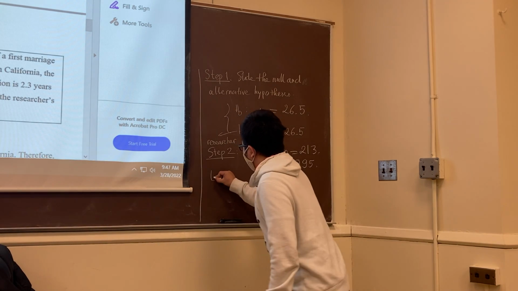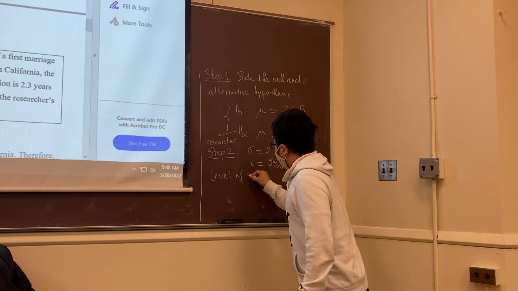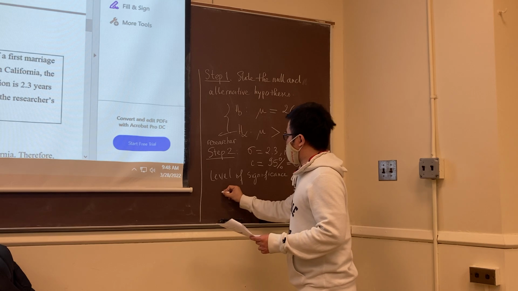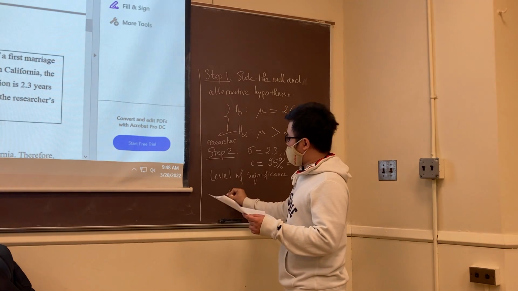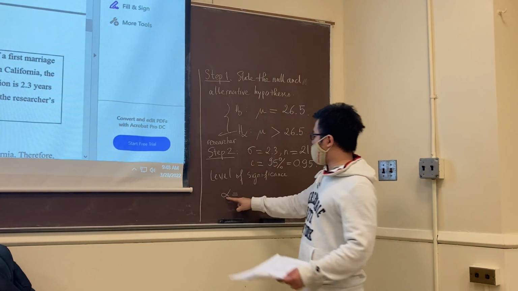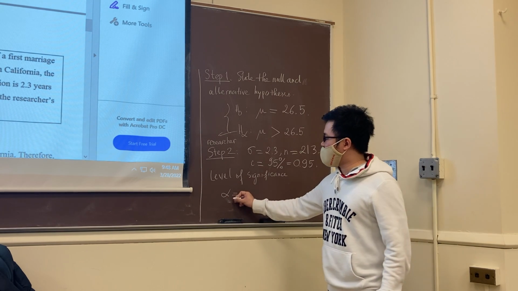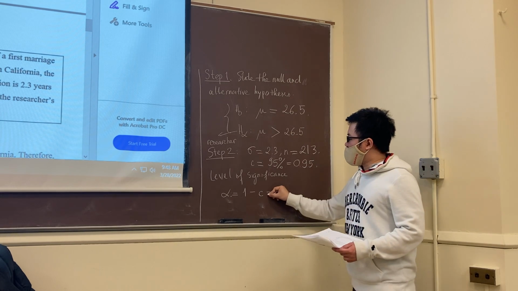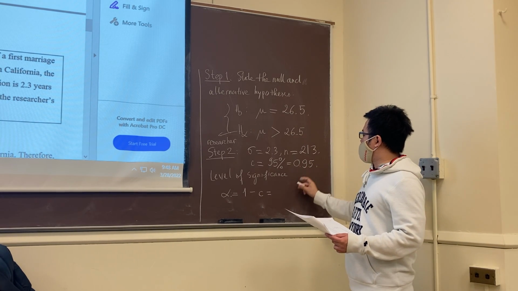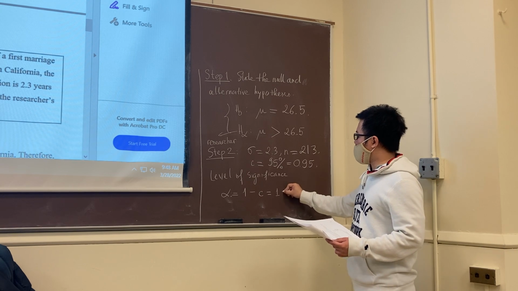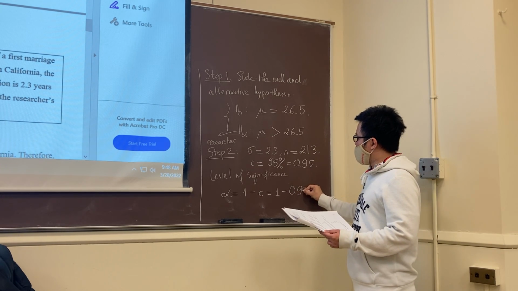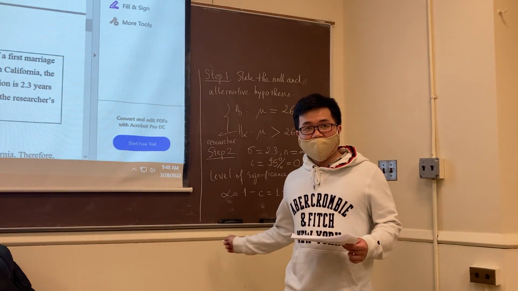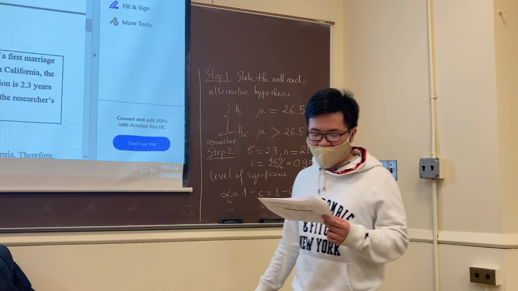The level of significance is calculated by this formula. The alpha, okay, the level of significance is denoted by alpha, and it's calculated by 1 minus C. Okay, and you have C here is 0.95, so the level of significance is 1 minus 0.95, so it is 0.05. Is it clear, guys? That's how to calculate the level of significance.